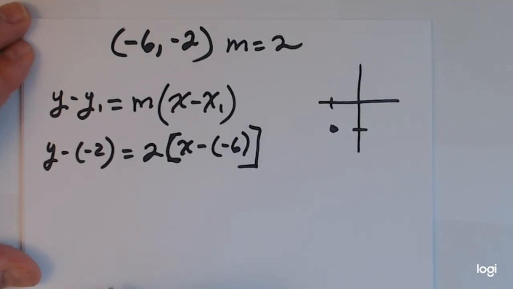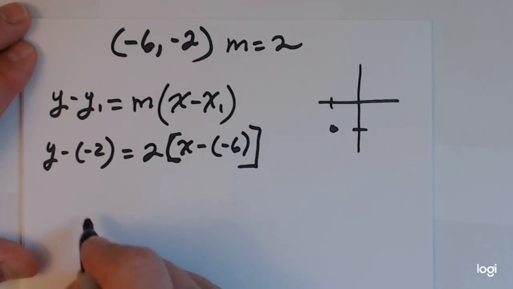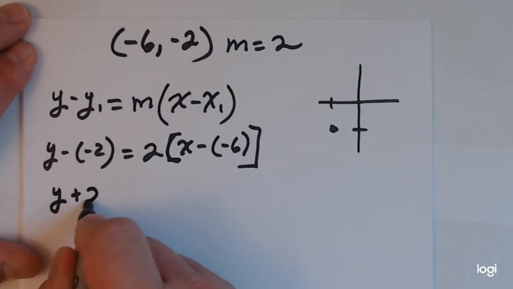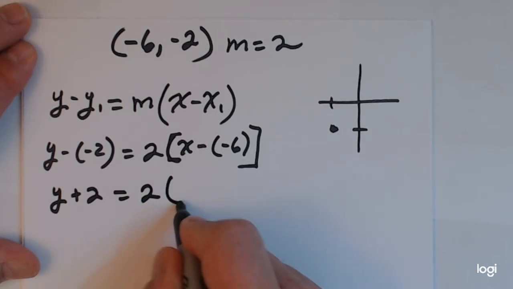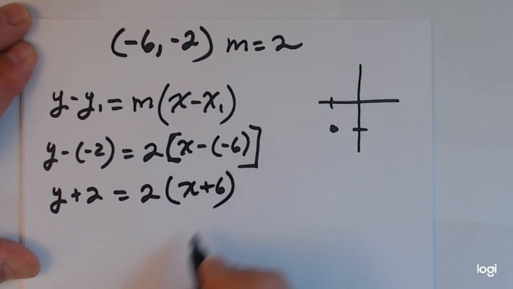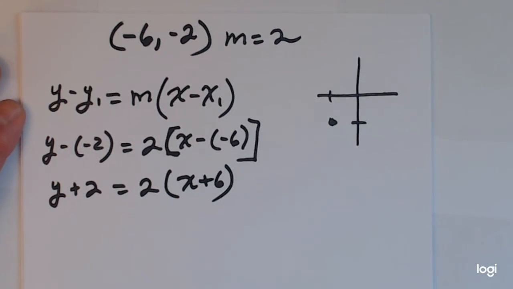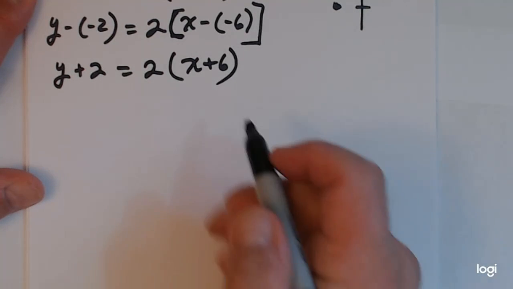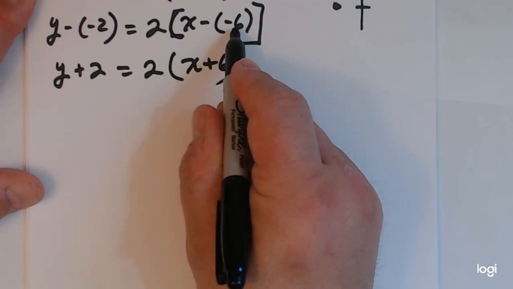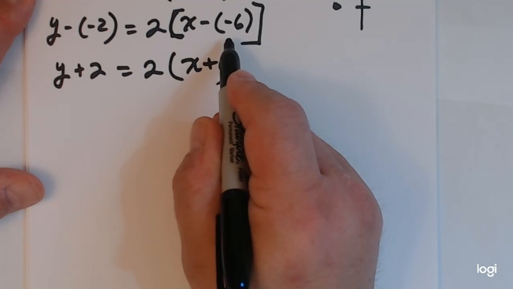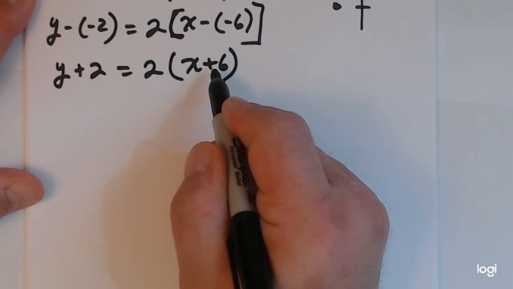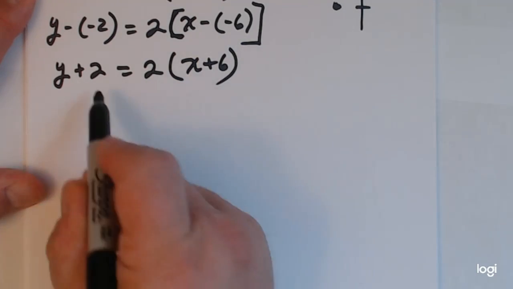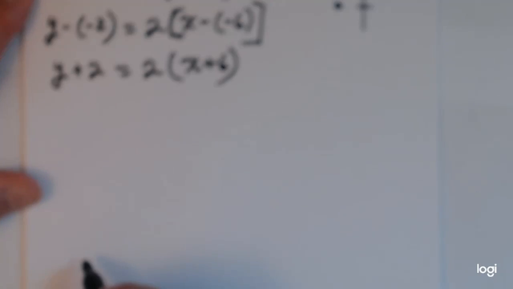So let's rewrite this and eliminate the minus sign. So we have y plus 2 is equal to 2 times x plus 6. I strongly urge you to not skip that extra step: write out the -6 with parentheses, and then distribute the minus sign in each case.